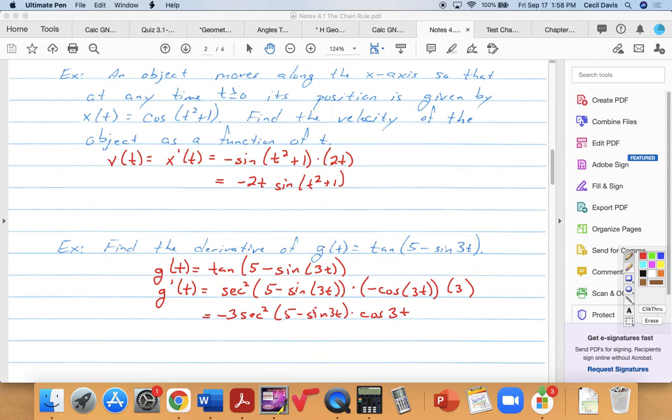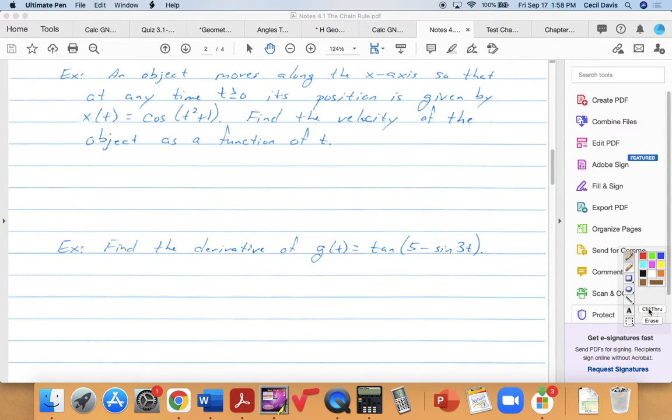Might it have been better to put the cosine before the secant squared? Perhaps. It's not actually important to this. You just may see it rearranged like that, especially on multiple choice questions. Okay, any questions about that so far? It's not too bad.